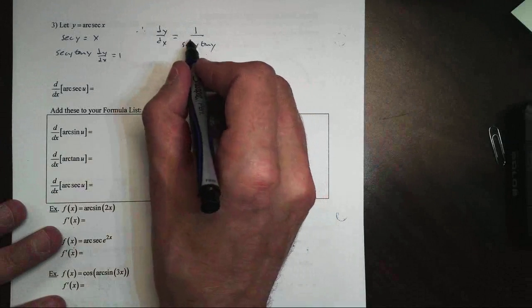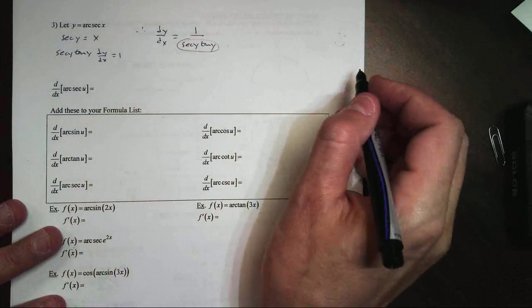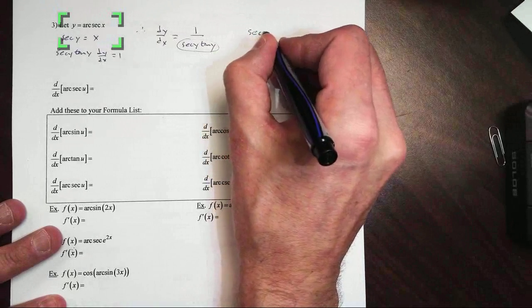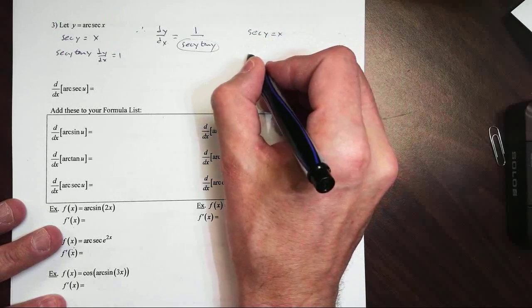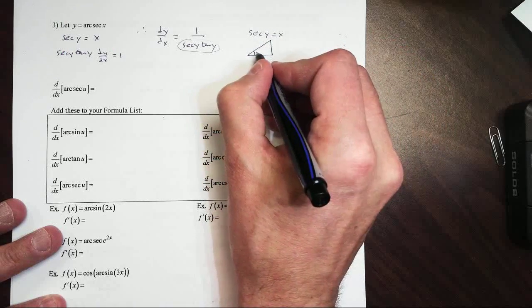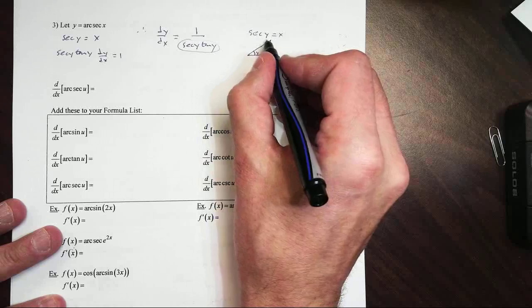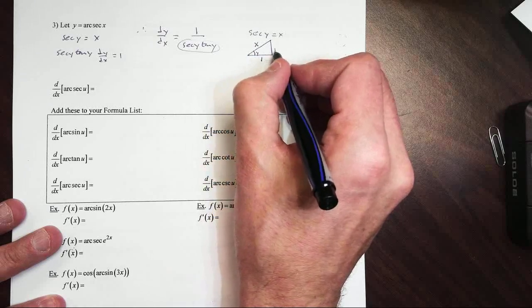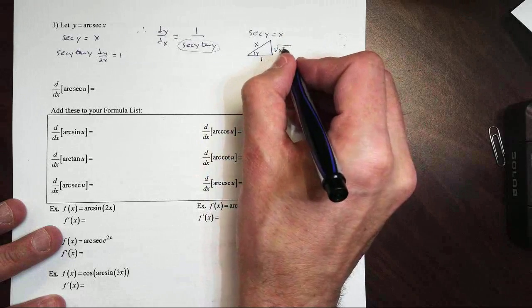So I have to replace both of them this time. So I know that the secant of y equals x. Using my right triangle, there's y. Secant is hypotenuse over adjacent.